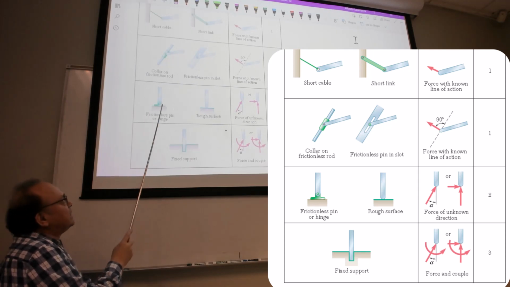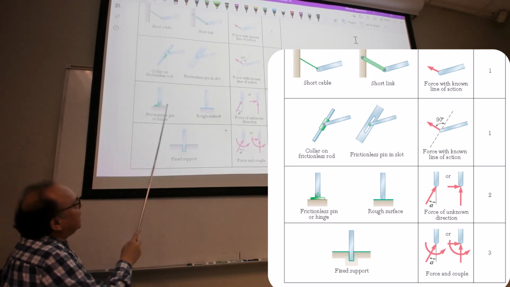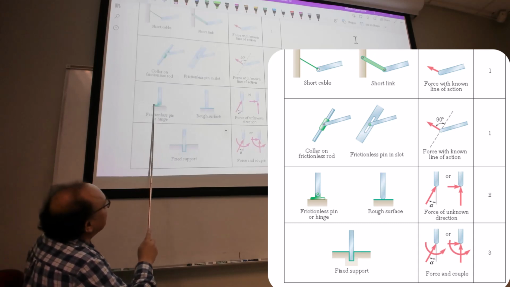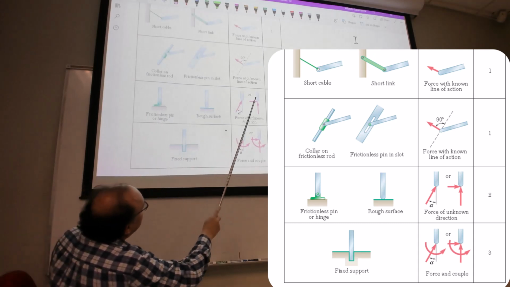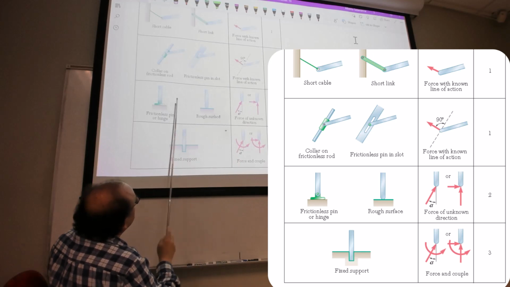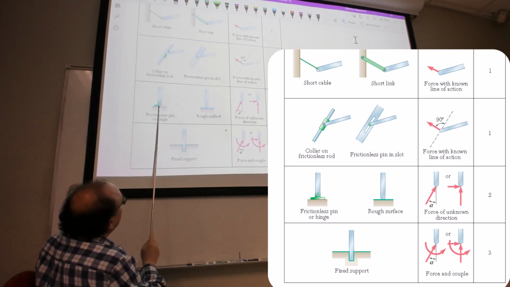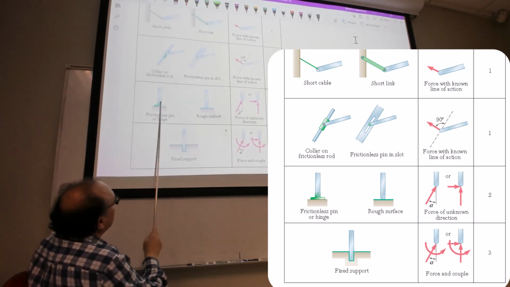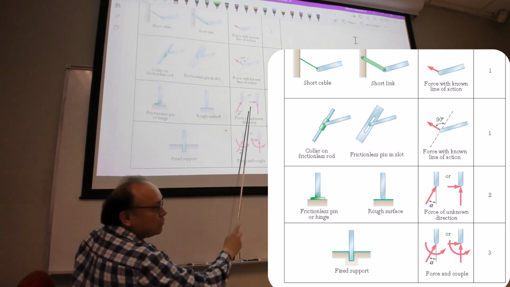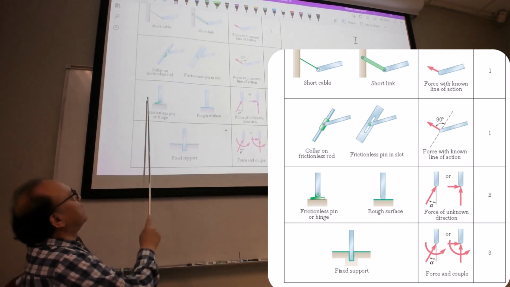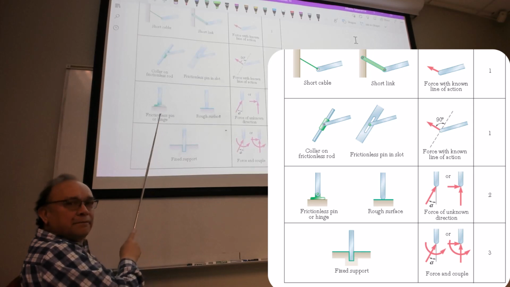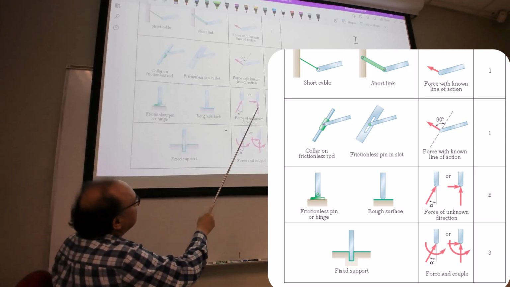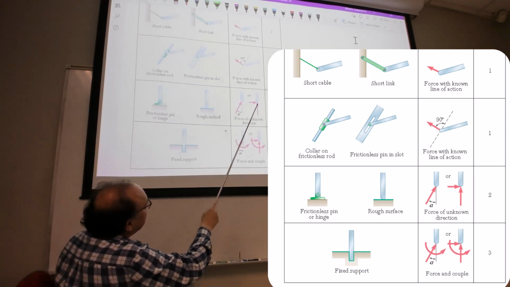It means that this support will create a reaction that doesn't allow the horizontal motion. So this force is exerted by the support on the structure to avoid horizontal motion. And you cannot move this vertically either, right? Because of the same thing.